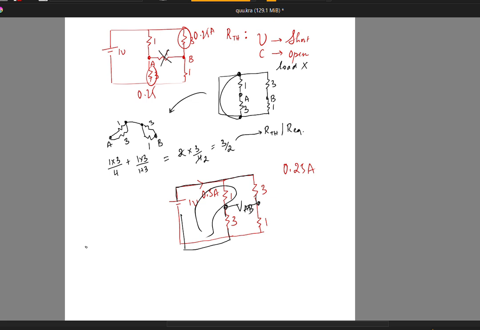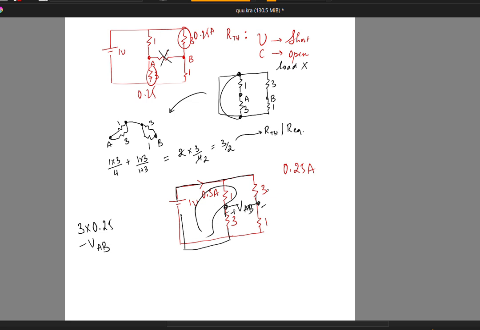And in that loop, you notice 1 volt. First, we'd start with this resistor. It's 3, and the current it's IR, so 3 times 0.25, yeah. And we come across VAB. This is the negative end of VAB, so it's going to be minus VAB.